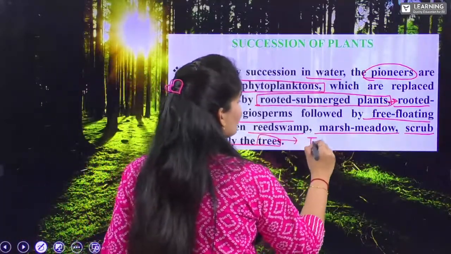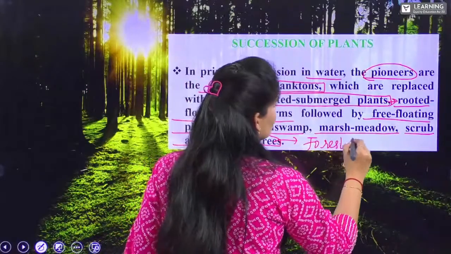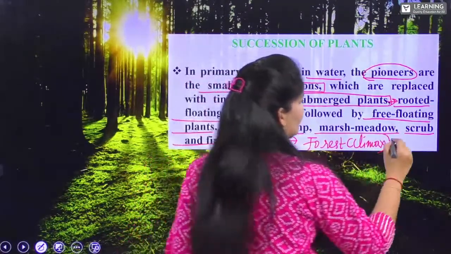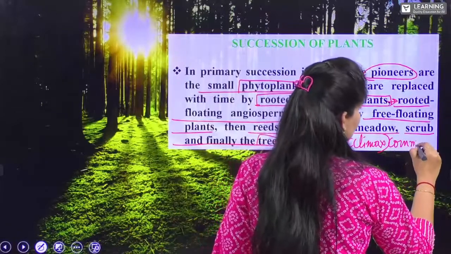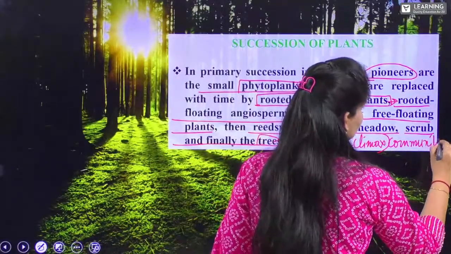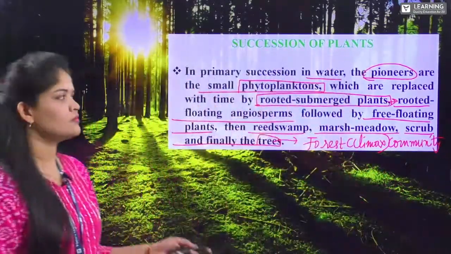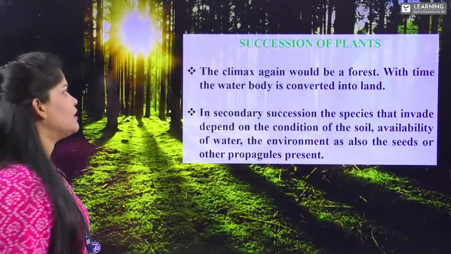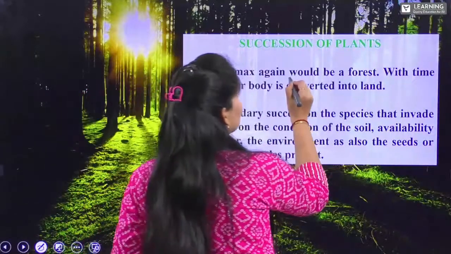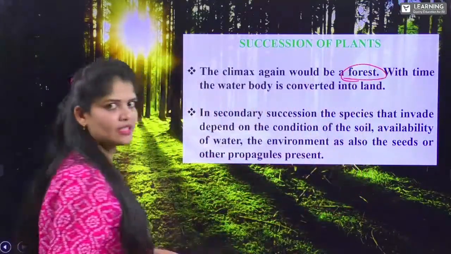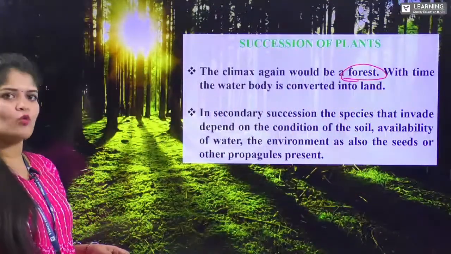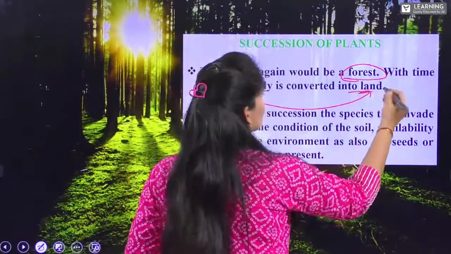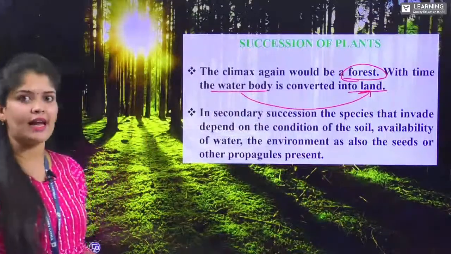Nothing but forest, that is your climax community. That means here hydrarch to mesic. The climax again would be your forest. So with time, the water bodies are also converting into terrestrial forms, that is forms on land.